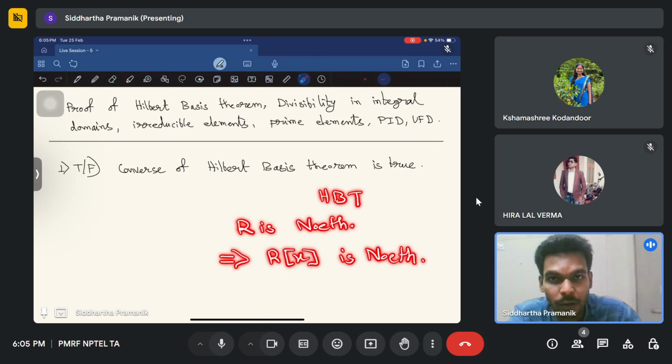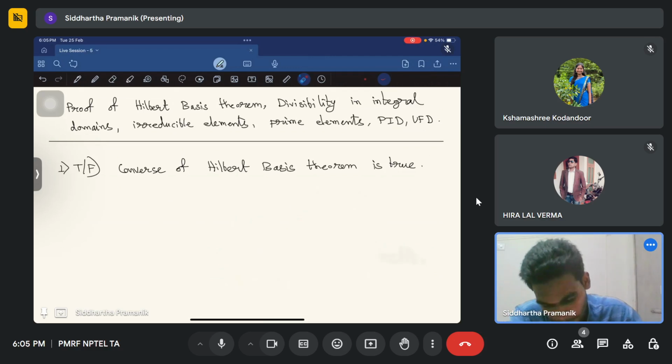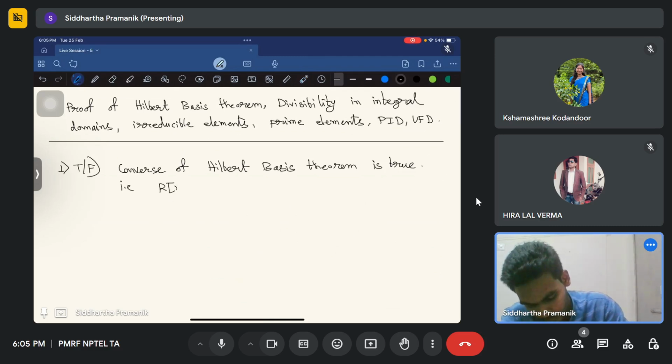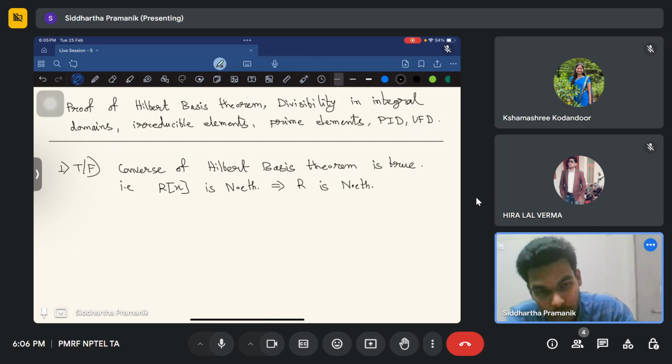Now I am asking about the converse. If R[x] is Noetherian, then can we say R is Noetherian or not? So let me write down the statement: R[x] is Noetherian implies R is Noetherian. Is it true? What do you think?